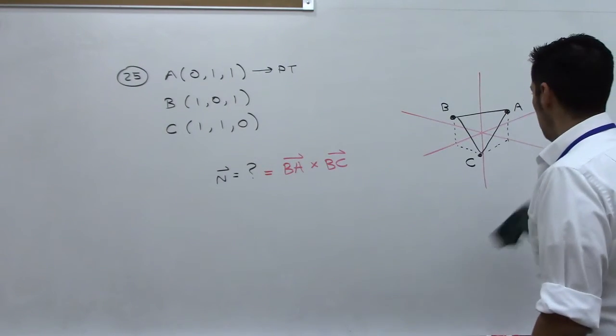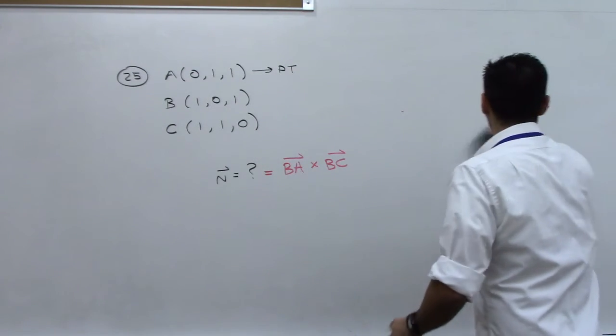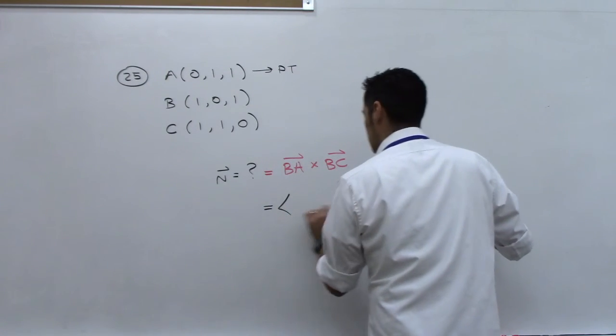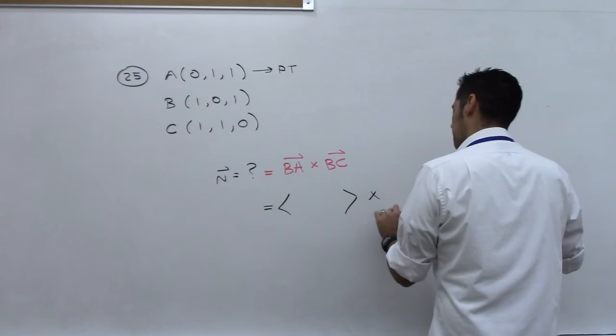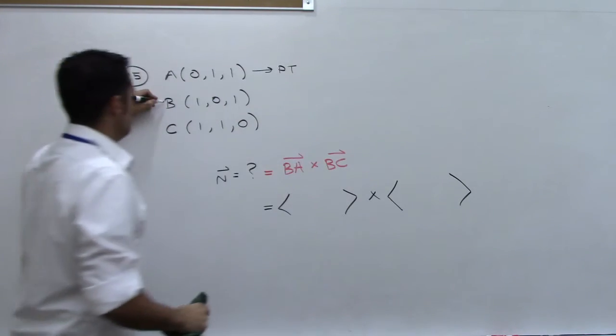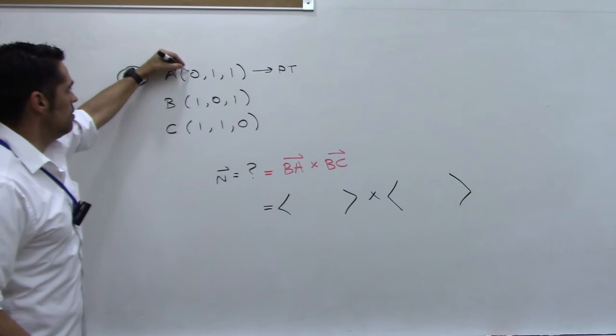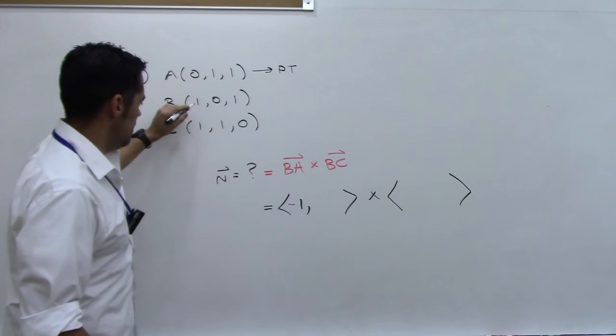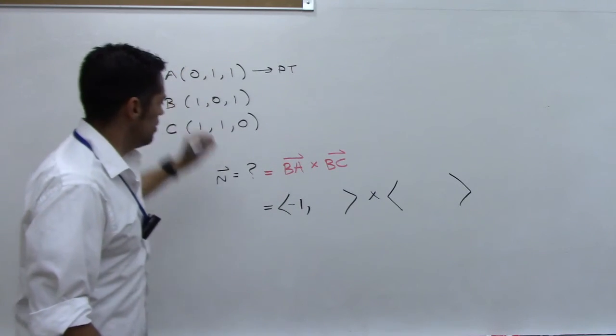So I need to actually come up with some vectors here. What is the vector that goes from B to A? So I'm going from here to here. I'm going to take 0 and subtract 1, negative 1. I'm going to take 1 and subtract 0, so that's 1.